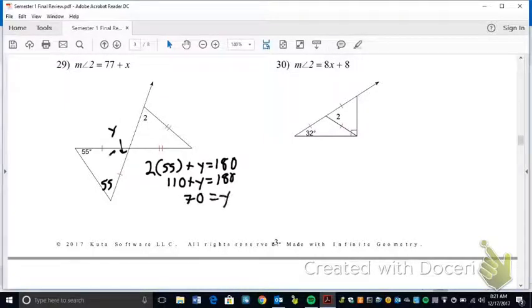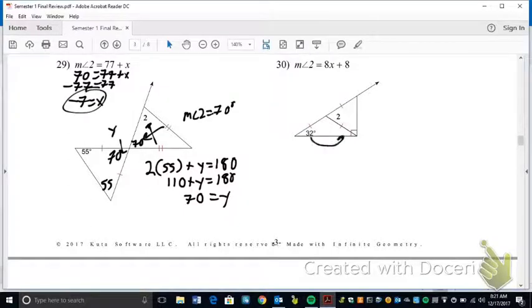So if y equals 70 there, then that one also equals 70, because that 70 is one of the base angles in the isosceles triangle, which means the measure of angle 2 equals 70. So I plug in 70 right there. I get 70 equals 77 plus x, or x equals negative 7.